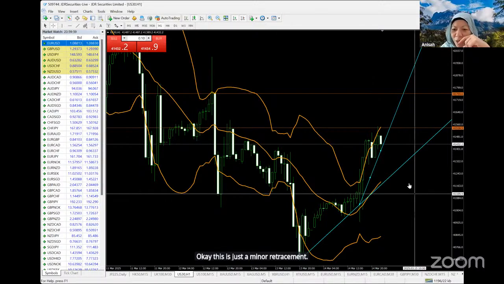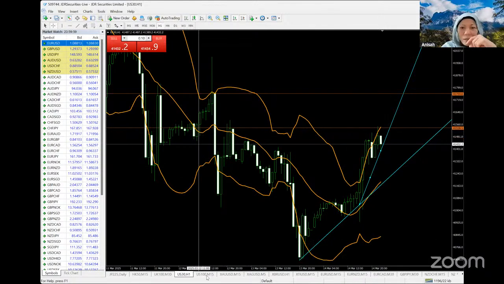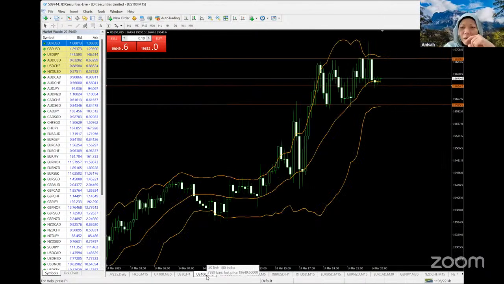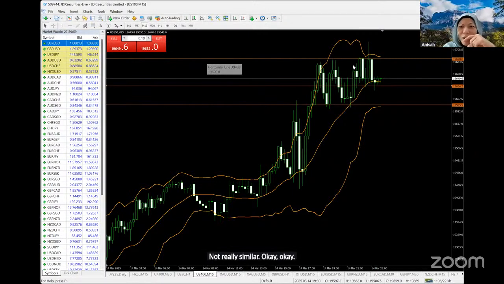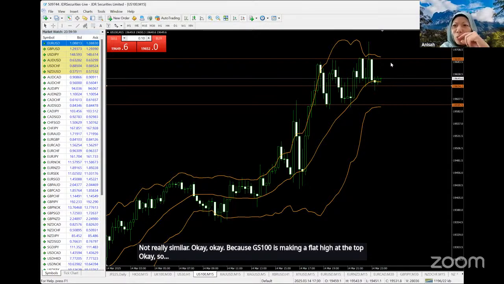US 100, US 30 seems similar. Do we just enter either one? Not really similar. Because US 100 is making a flat high at the top, I would wait for it to break 19,690 to take a long.